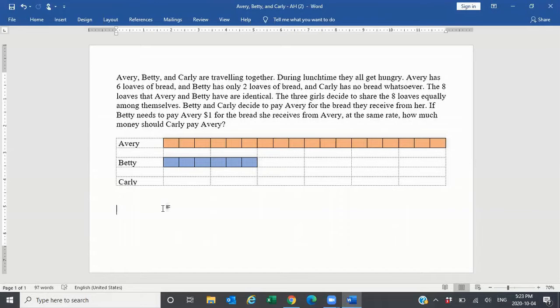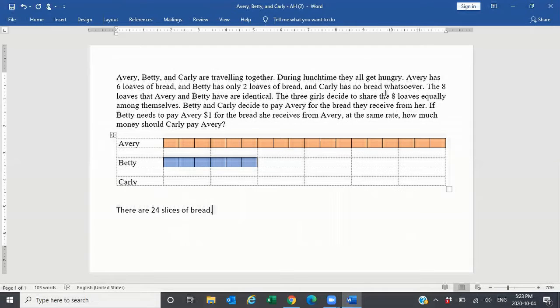Okay, so I'll write there: slices of bread. That'll help us remember how many slices there are in total.